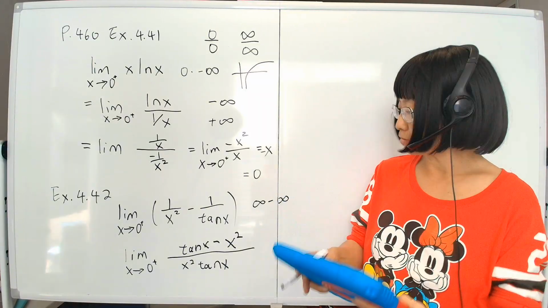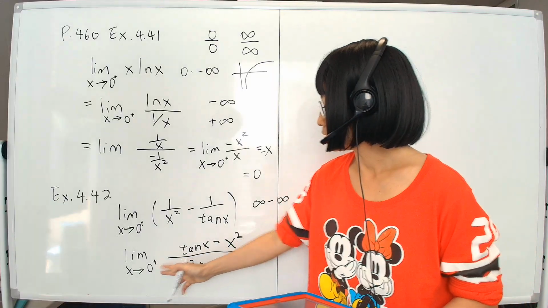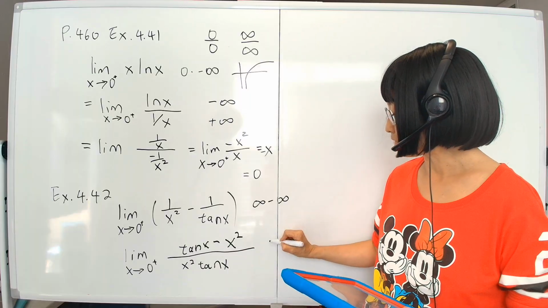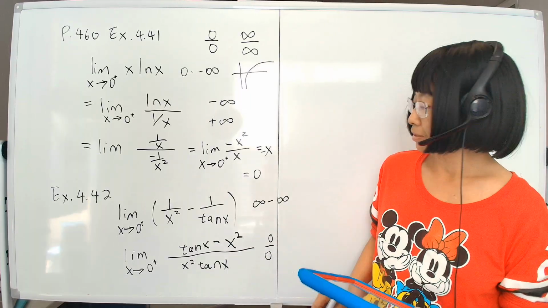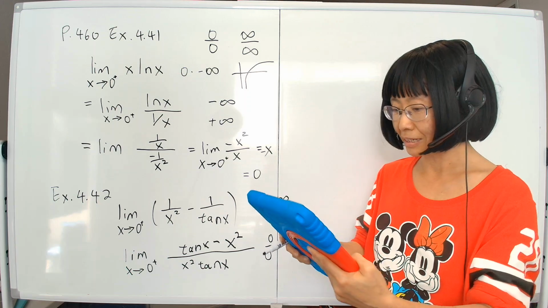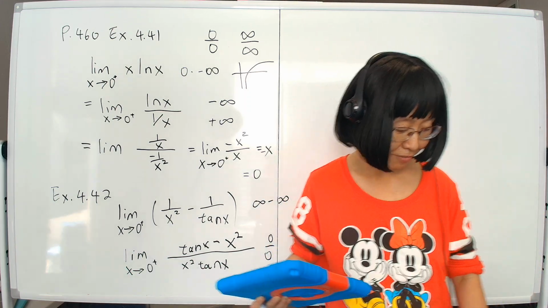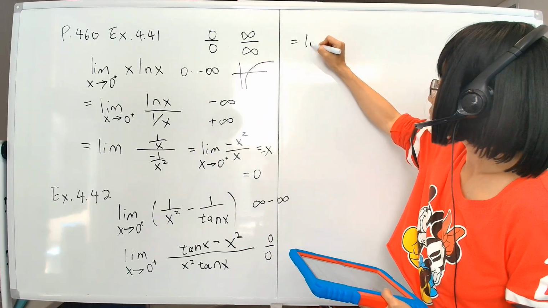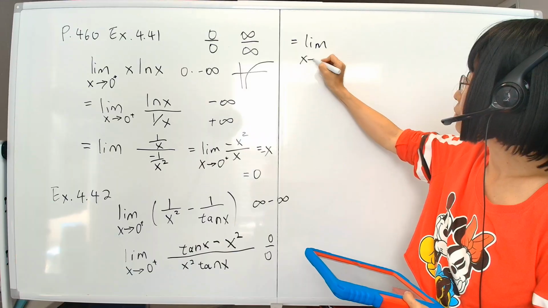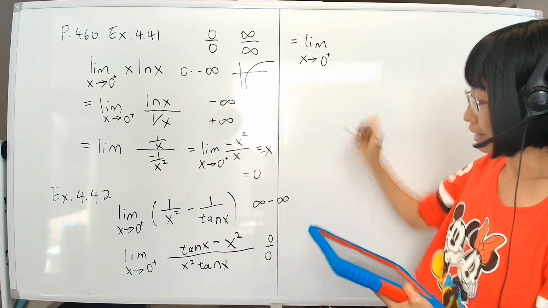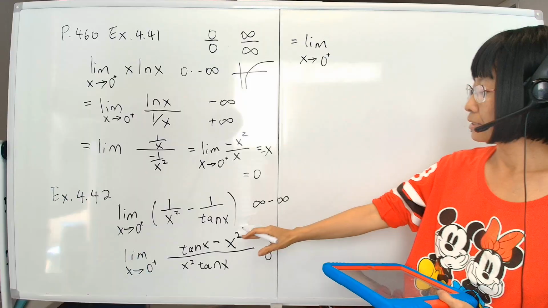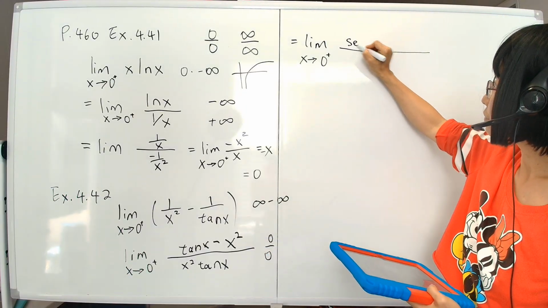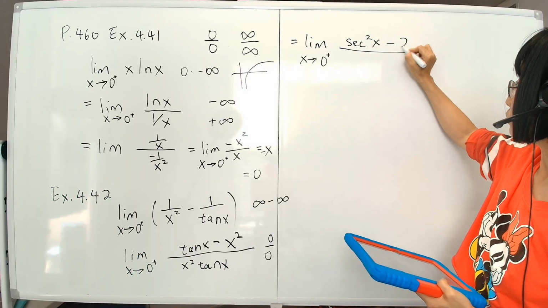Moving along, what about this situation? As x goes to 0, that's 0, that's 0, that's 0, and that's 0. They're all 0. So we have now reached the 0 over 0 case, which means we can apply L'Hopital's rule. So let's apply it by taking derivatives. Applying L'Hopital's rule, we get the limit as x approaches 0 from the plus side. We have tangent x, derivative of tangent is secant squared, minus 2x.